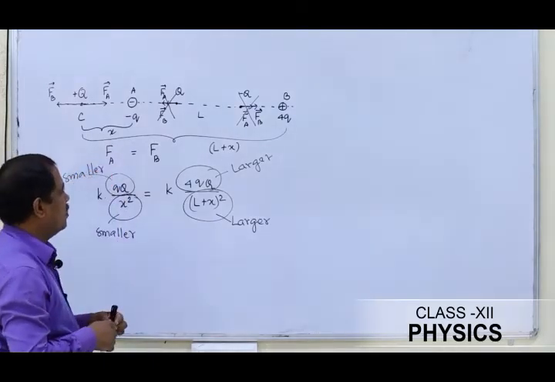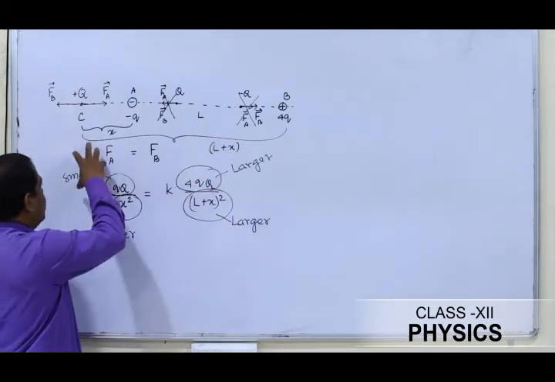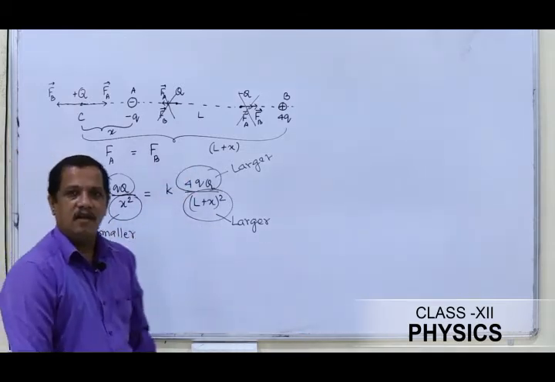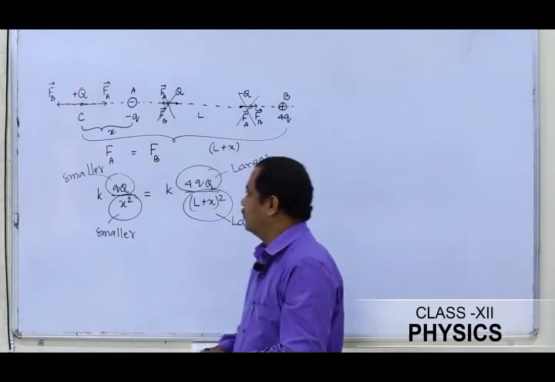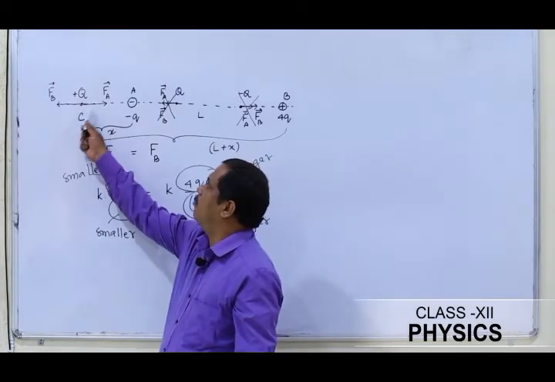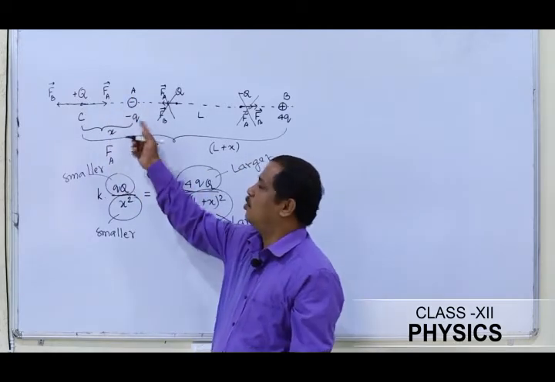Now larger quantity by larger quantity, smaller quantity by smaller quantity, these two ratios can be equal. So thus we can have a position of equilibrium only on the left of the charge smaller q.